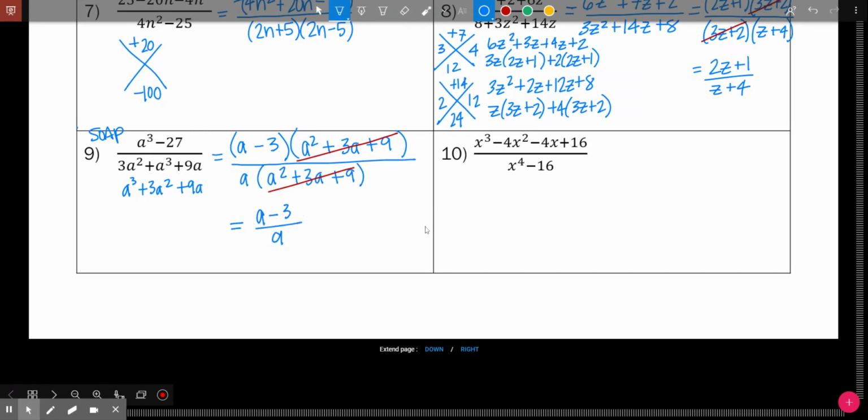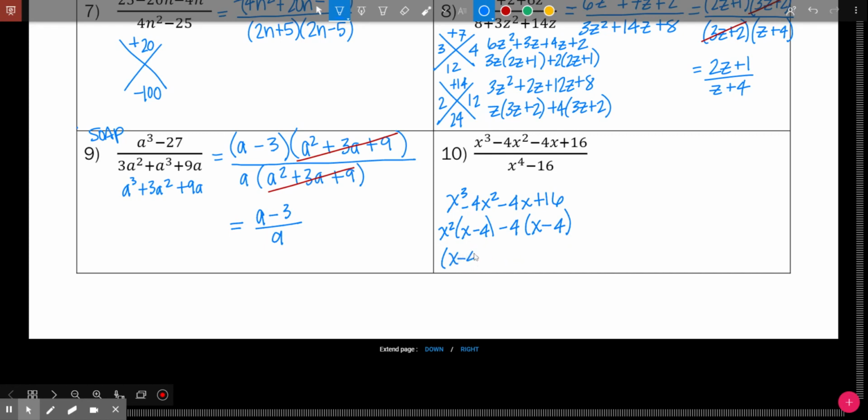In number 10, when I factor the top, I have x cubed minus 4x squared minus 4x plus 16. So between my first two terms, I have an x squared in common, and that leaves me with x minus 4. In my second two terms, I have a negative 4 in common, and that leaves me with x minus 4.